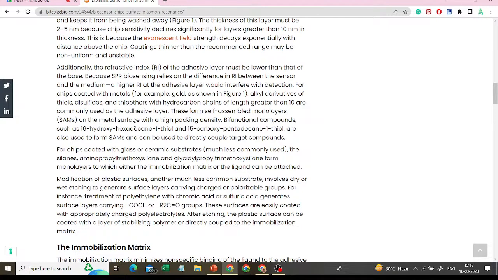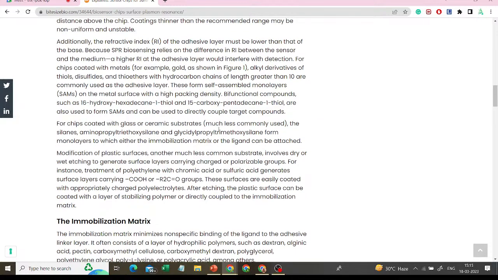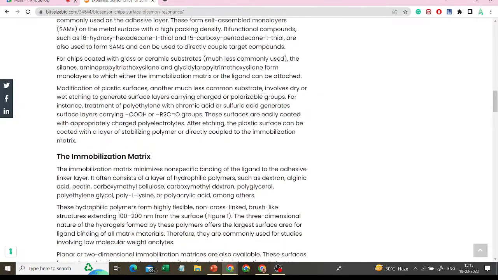Bifunctional compounds, such as 16-hydroxyhexadecan-1-thiol and 15-carboxypentadecan-1-thiol, are also used to form SAMs and can be used to directly couple your target compounds. For chips coated with glass or ceramic substrates, the silane compounds.